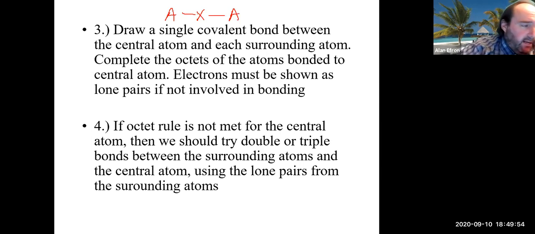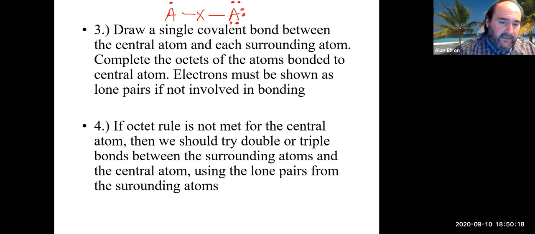Once you've single bonded, you want to count up how many electrons you used. Each line represents 2 electrons. You want to subtract that from your total. And then any leftover electrons go on the outside ones in pairs, not singles, but in pairs, until the outside ones are full. And again, to get the outside ones full, we need 8 electrons unless it's hydrogen.